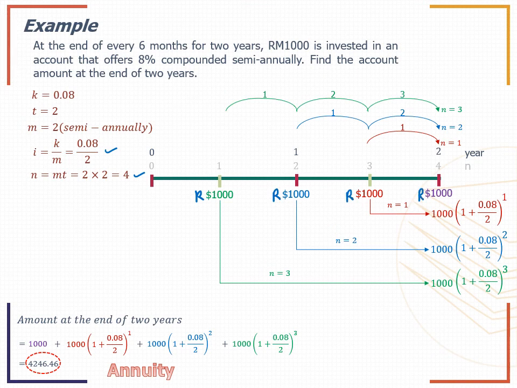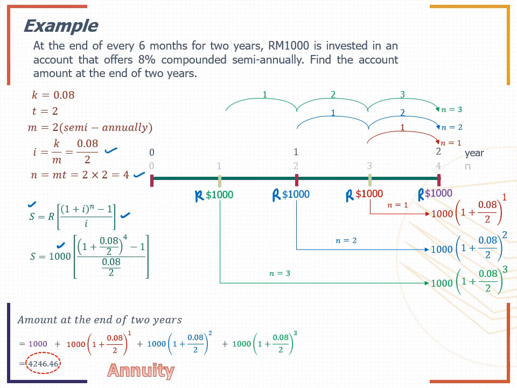So from the formula of future value of annuity, S equals R multiply 1 plus I power of N minus 1 over I. Substitute the value of R with 1000, the value of I with 0.08 over 2, and N with the value of 4.